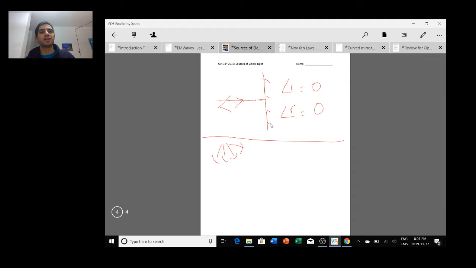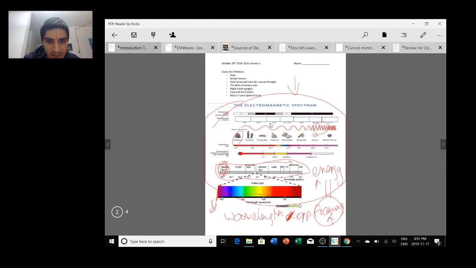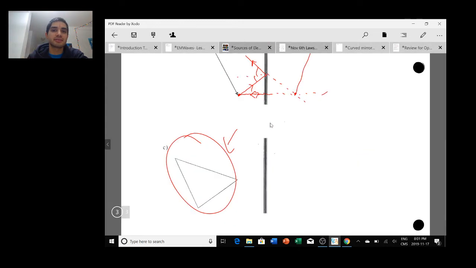A blue light bulb will have wavelengths from about 475 to 500 nanometers. But a laser has only one wavelength of light, so that's what's special about a laser.